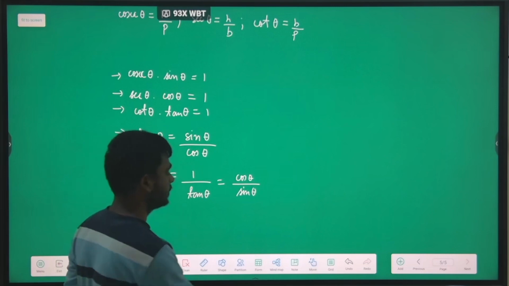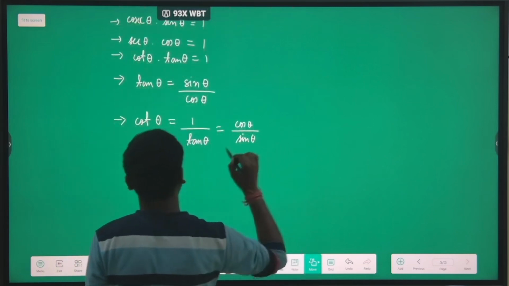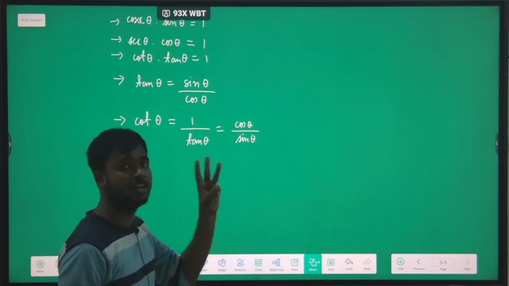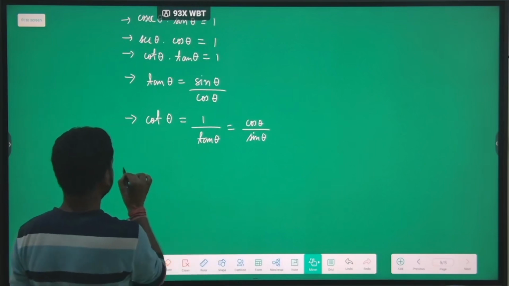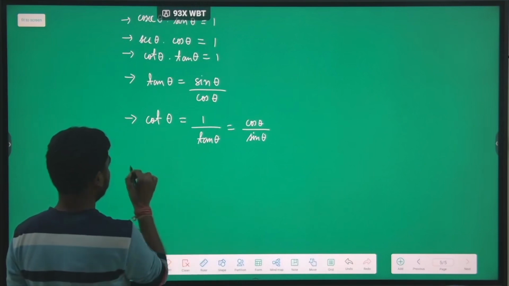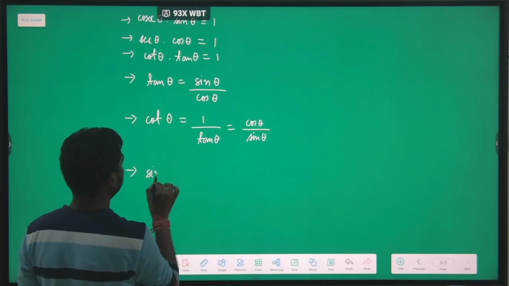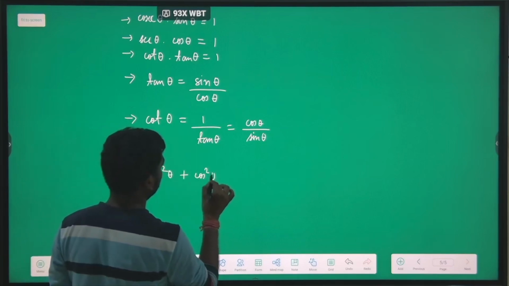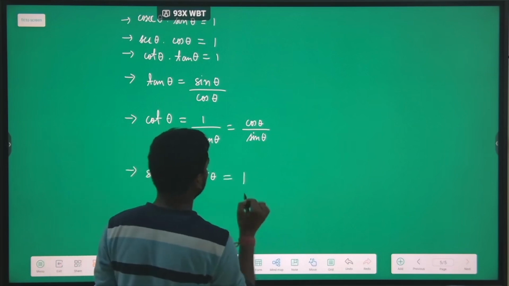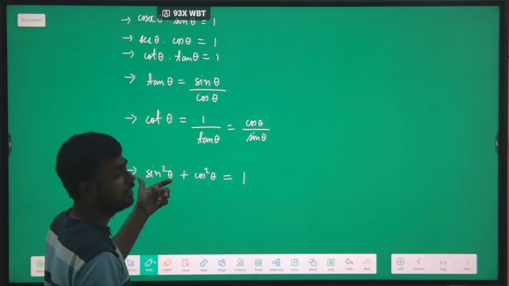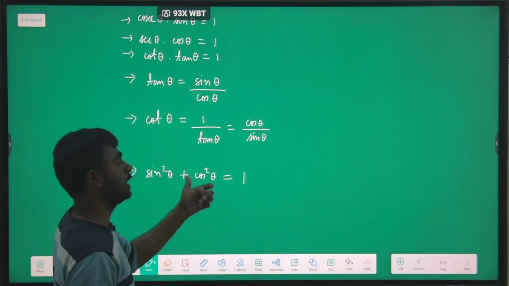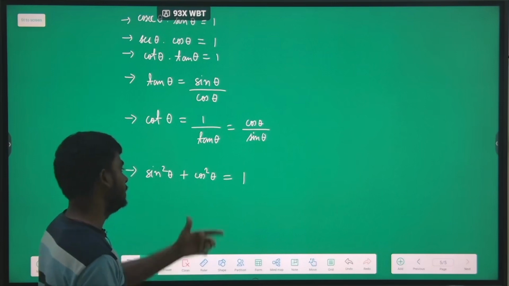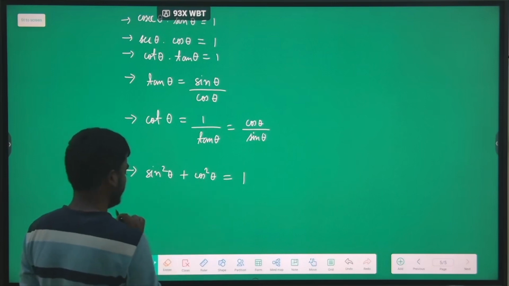We have learned this. Also, we have learned three square relations. What were they? Sine square theta plus cosine of theta to the power 2 is always equal to 1.